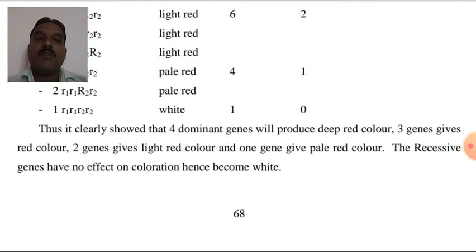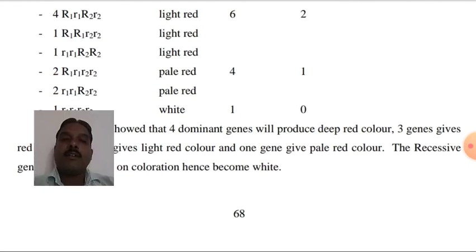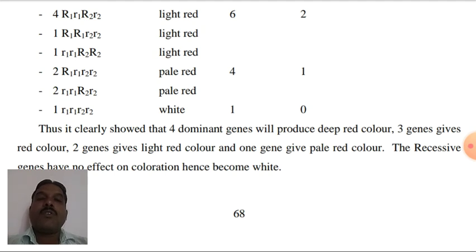Next genotypes we have to consider are the 4 genotypes which are heterozygous. Which are these? Capital R1, small r1, capital R2, small r2. And the next genotype, in one number, capital R1, capital R1, small r2, small r2. Again one genotype will be small r1, small r1, capital R2, capital R2.